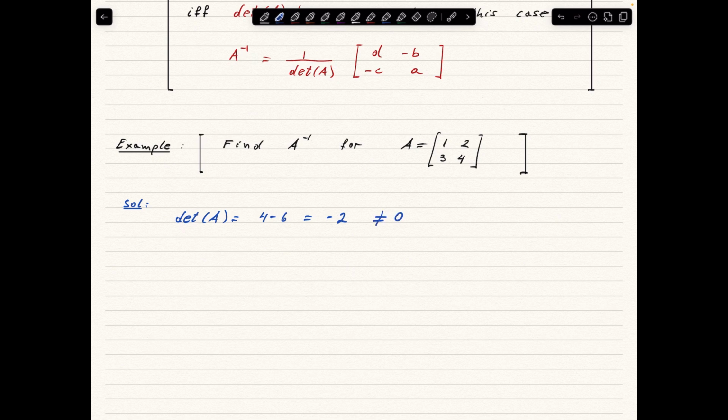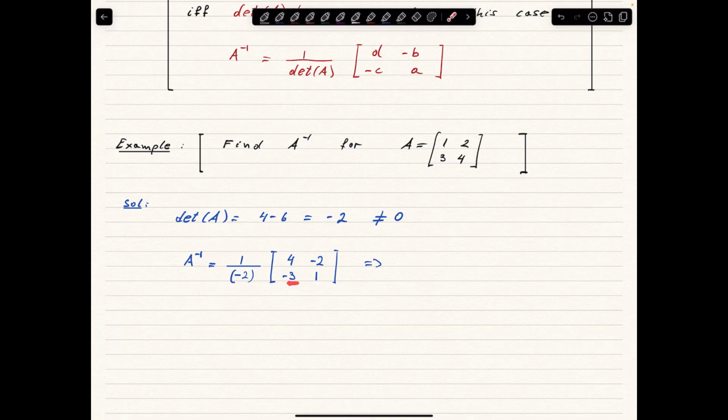So then we can compute the inverse, and the inverse is going to be nothing more than 1 over the determinant, so 1 over negative 2. And then what do we need to do? Well, we need to switch the components 1 and 4. So 4 goes here, 1 goes there, and we need to change the sign on the other two, keeping them where they are, but just changing the sign.